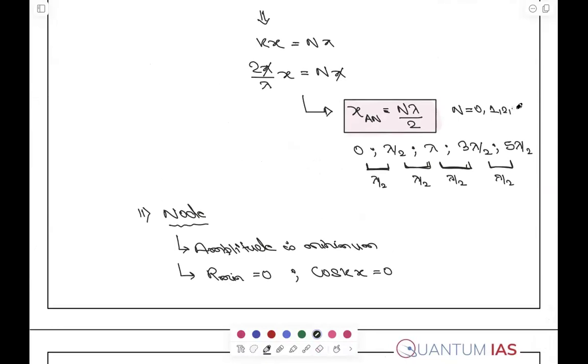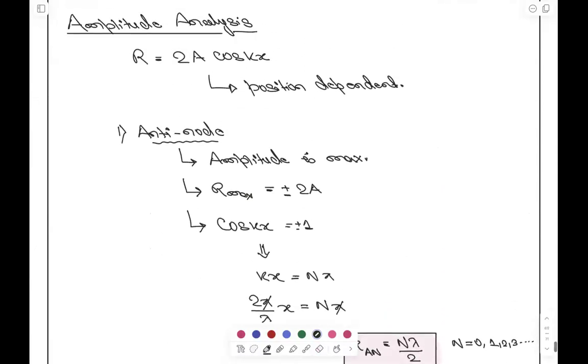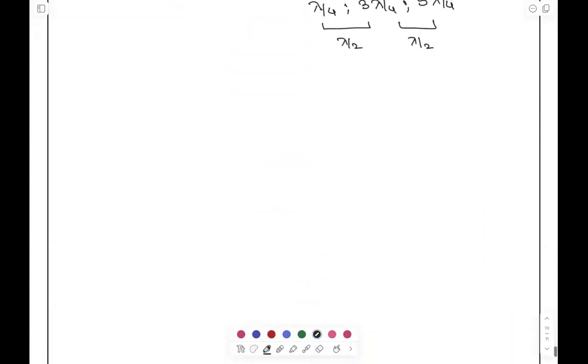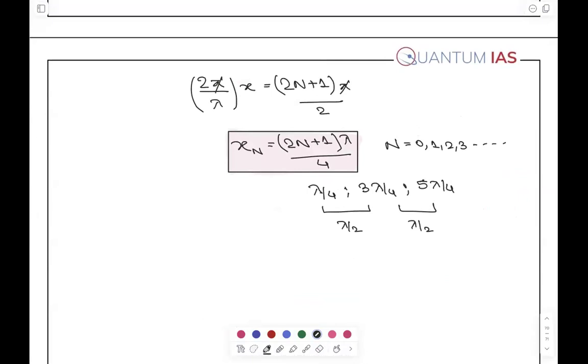Please note down that the wave that we have taken, all things that we are defining are for that only. If you change the wave, everything will change.